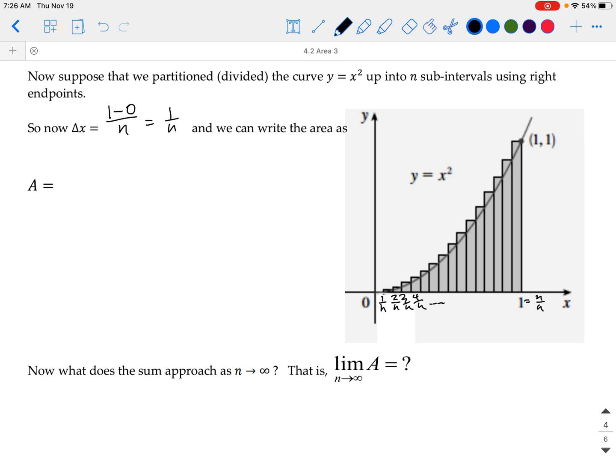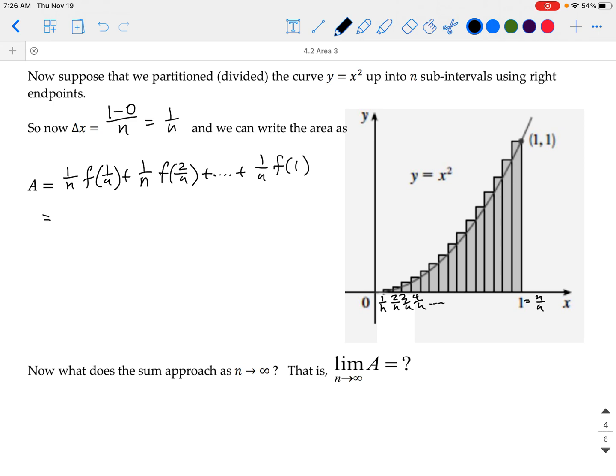So we'll have 1 over n, f of 1 over n, plus 1 over n, f of 2 over n, all the way up to 1 over n times f of 1, which is just n over n.